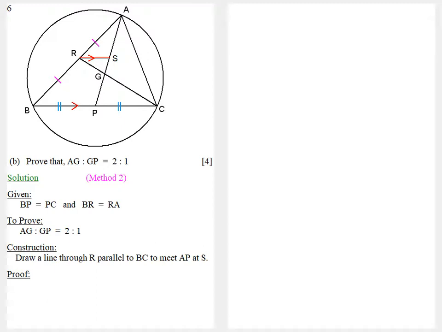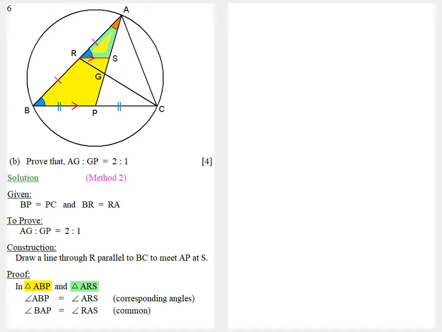Now, for the proof, we are again going to use similar triangles. In triangle ABP, coloured in yellow, and triangle ARS, coloured in green, we have the angle ABP is equal to the angle ARS. These are corresponding angles between the parallel lines RS and BP.